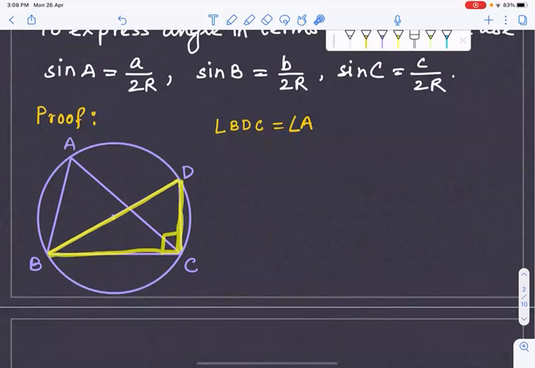Angle on a semicircle is 90 degrees. That's geometry class 10. So this is our 90 degree angle. Let me denote it by 90 degrees.